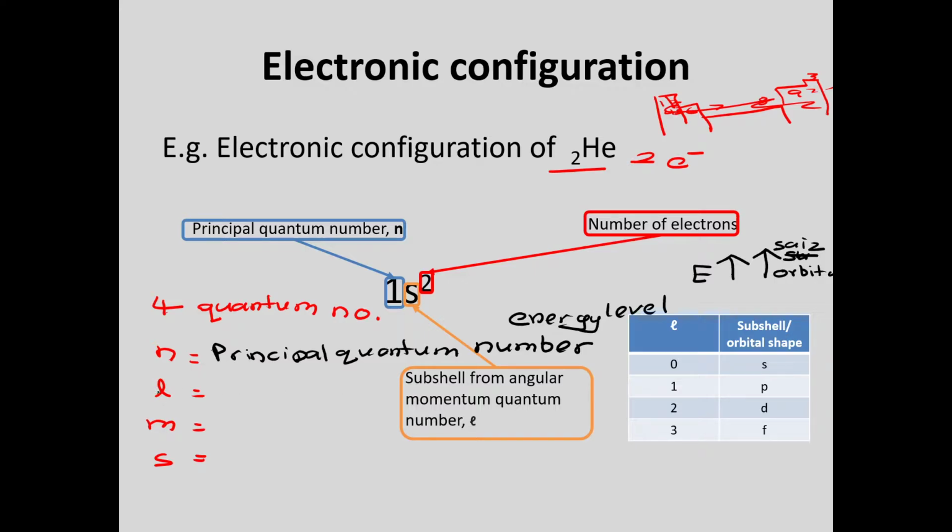And then L ada sebelah which is angular momentum quantum number. Okay. So, apa angular momentum quantum number bagi tahu? Orbital shape. Okay, bentuk. Subshell. Yes, bentuk kan? Bentuk subshell kita kan?